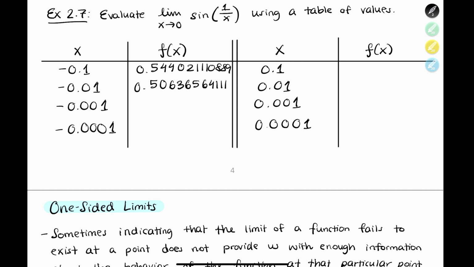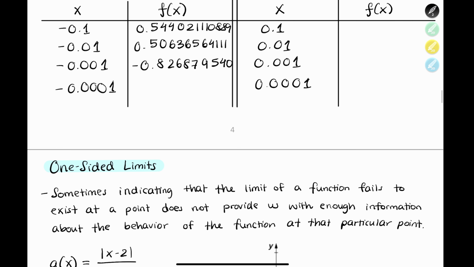Then for f of negative 0.001, we have negative 0.826879509540, and it keeps going on, but I'll stop there because I ran out of space. And lastly, for f of negative 0.0001, we have 0.30561443, then a bunch of 8s.